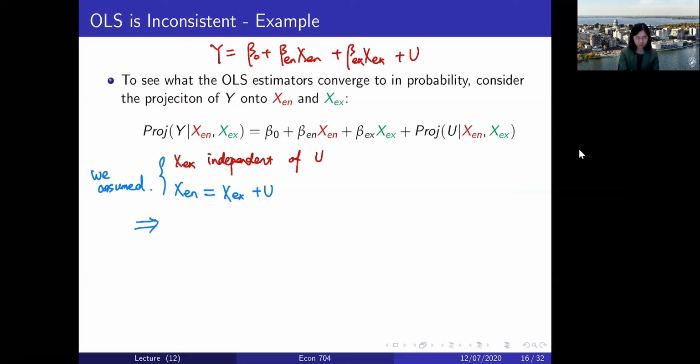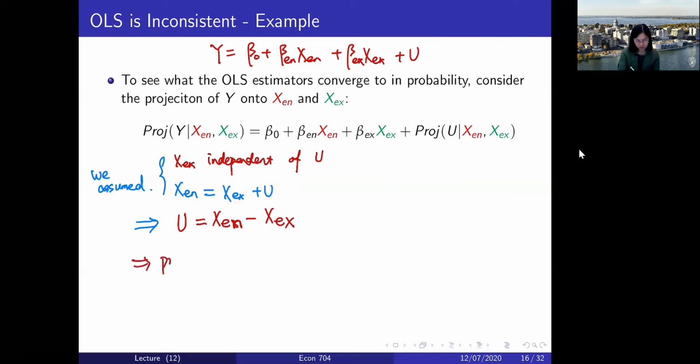Now, we're going to have to use this relationship to see what U is, given XEN and XEX. So U is related to XEN and XEX in this way. U equals XEN minus XEX.